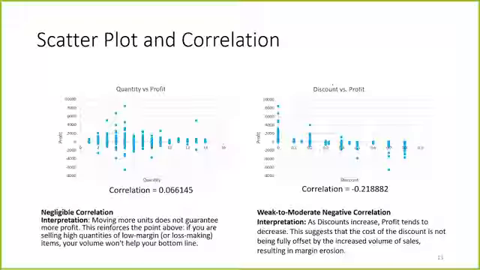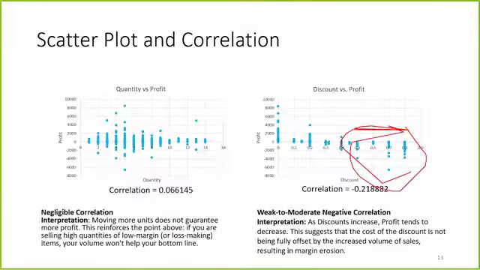Okay, between discount and profit, this one is already in our hypothesis: whether discount will make profit less. With higher discount, it looks like it has this small relationship, right? Weak to moderate negative correlation, minus 0.21. As discount increases, you can see that when discount is high, you usually lose, right? Negative profit means you lost.